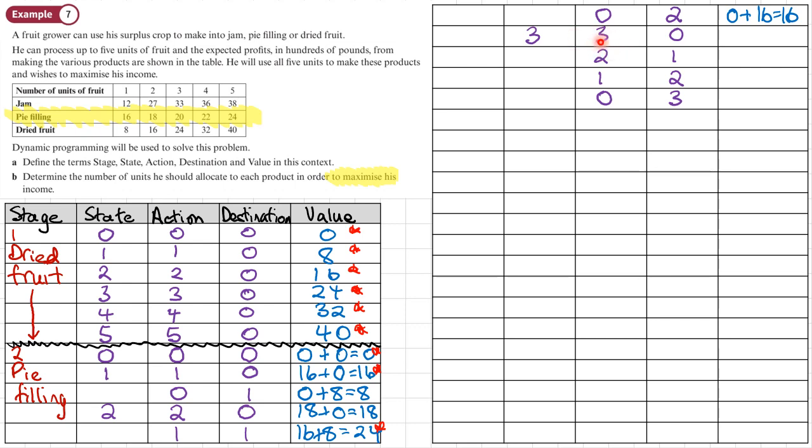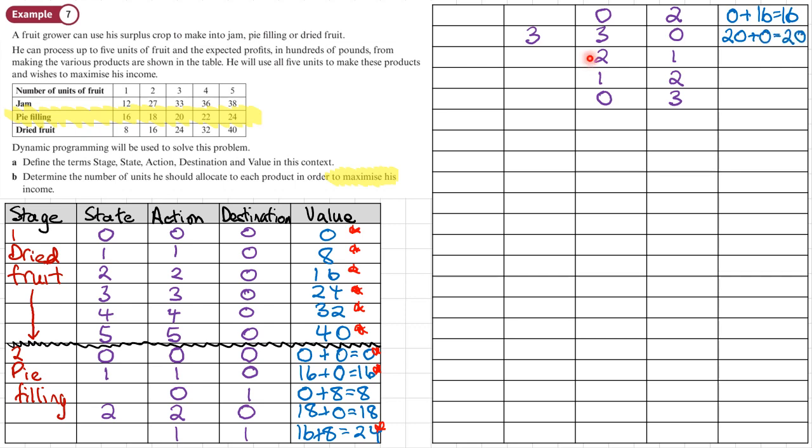So if I use up 3 units in the pie filling stage, that's going to give me a profit of 20. So that's from this part of the table. So using up 3, passing on none. So if I use up 3, 20, I know that in the next stage, if I've got none to process, that's going to be 0. So 0 plus 20.